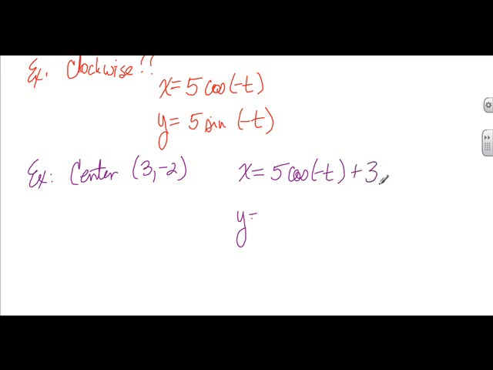Same idea with the y values. We want our circle to come down from a y value of 0 to a y value of negative 2. So we're going to take 5 times the sine of negative t and subtract 2. Now it's worth graphing these on your calculator real quick just to verify that these are going to generate the correct circle we're talking about.